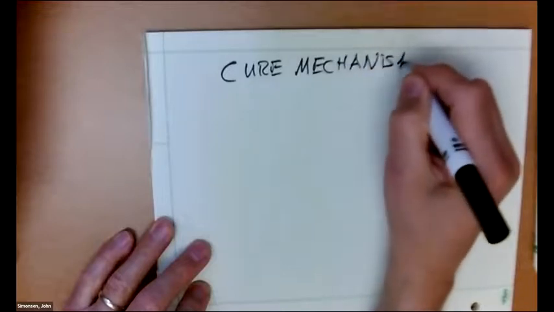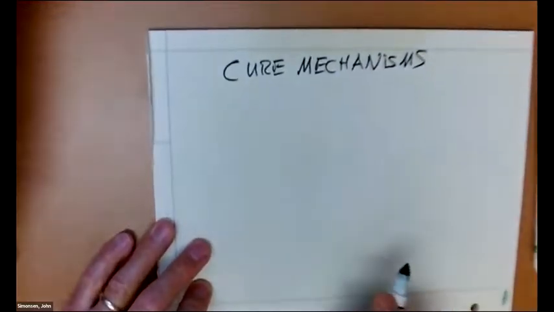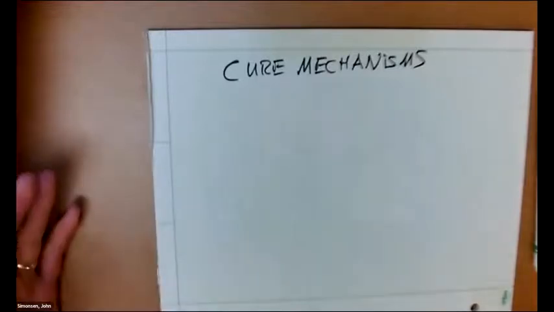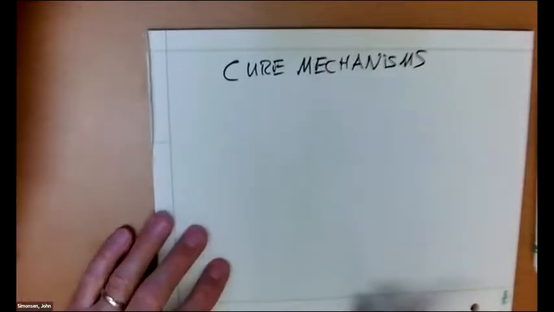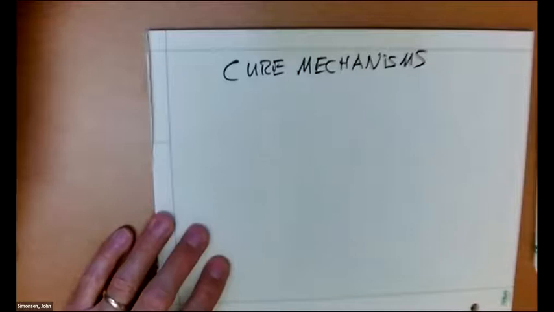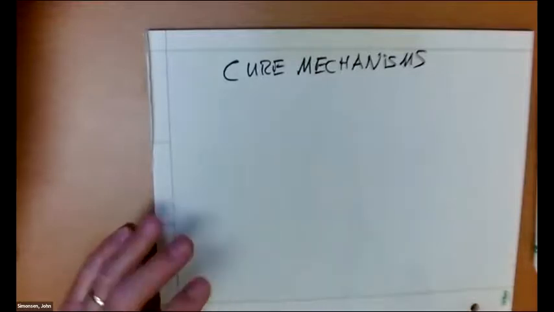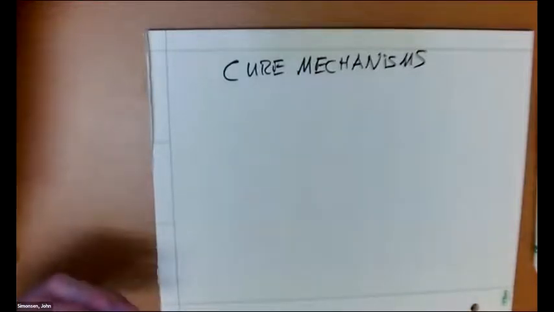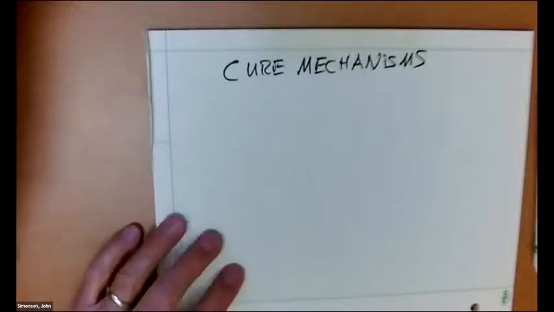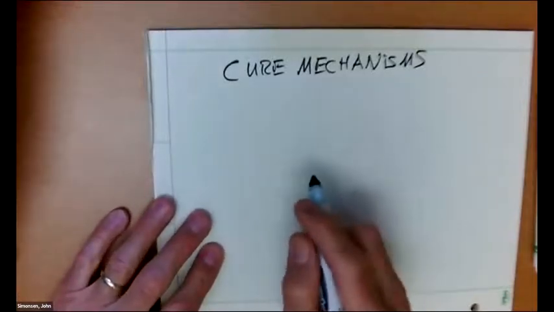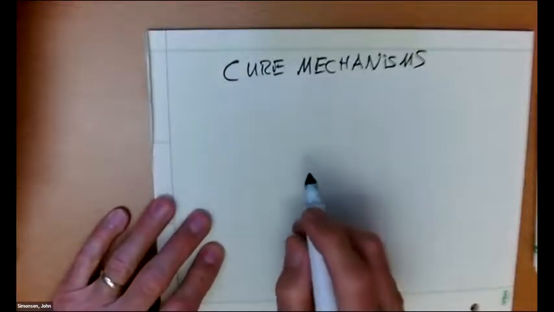Here we're not talking just specifically about wood polymers. We're talking about adhesive polymers, adhesives made from polymers in general. In fact, I don't know of any adhesives that aren't made from polymers. There probably are some, but I don't know what they are.